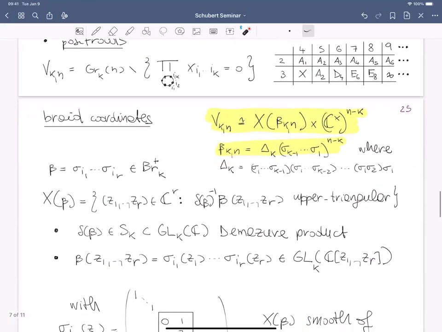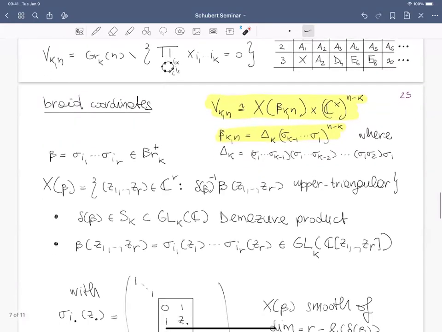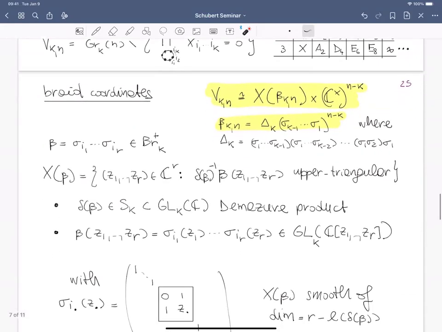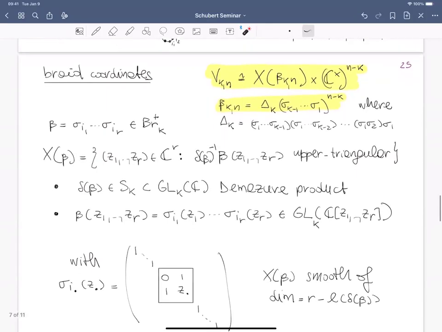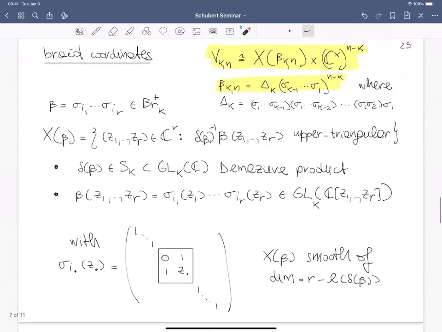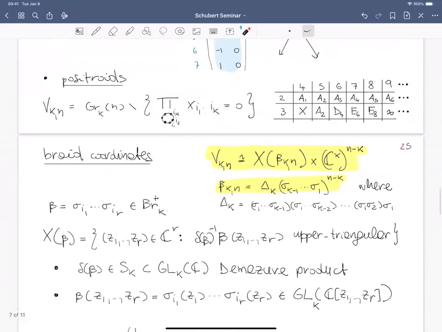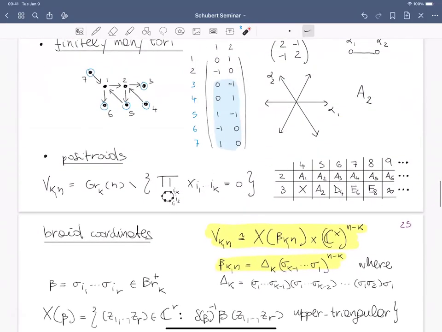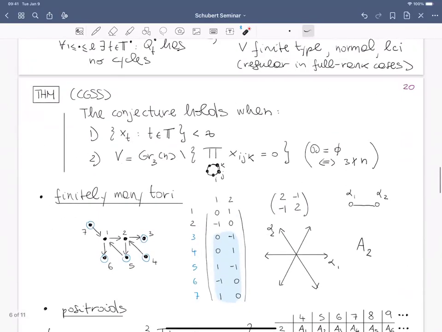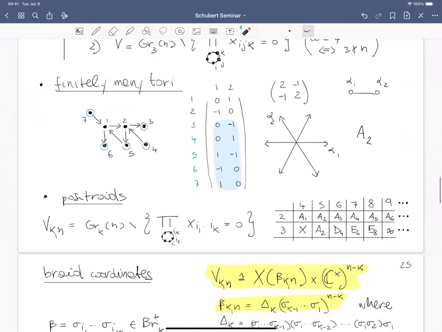Okay, so let me explain some of the ideas that go into the proof of the theorem. I'll explain both 1 and 2, focusing on the example of positroids.